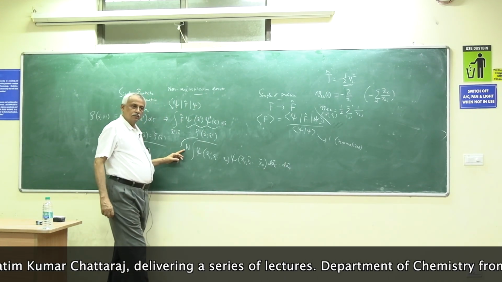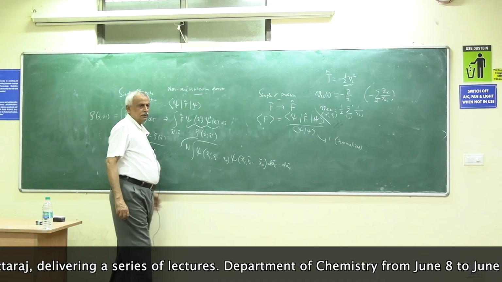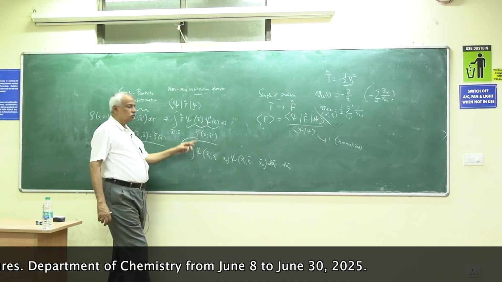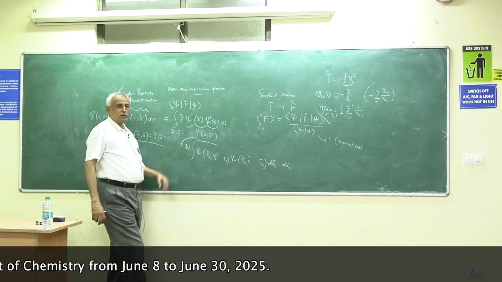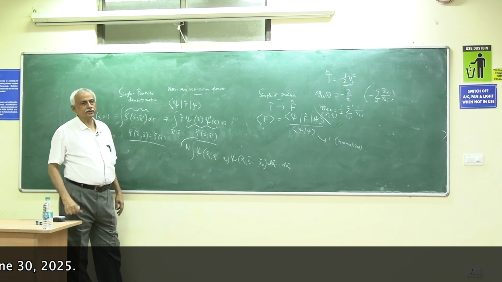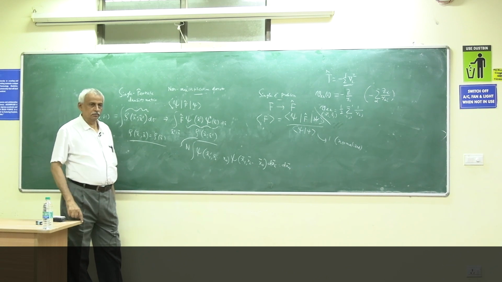Similarly you integrate over spin. That quantity would be your single particle density matrix for the n-body problem.